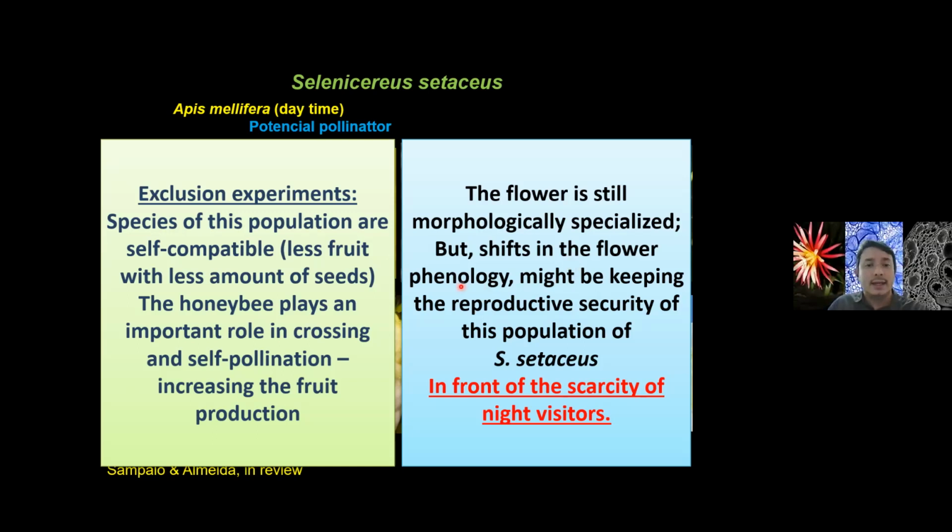And we could see that there is a small shift in the flower phenology to keep the reproduction of these species, although the floral morphology still has features of a very specialized flower.